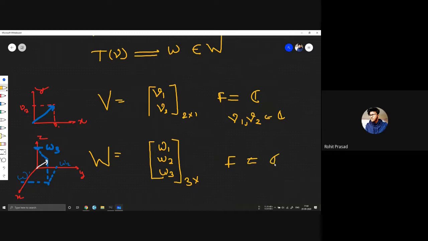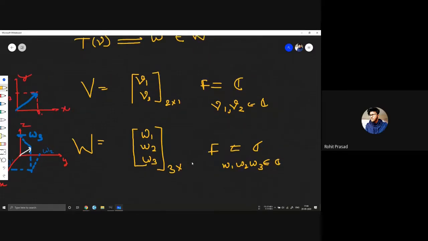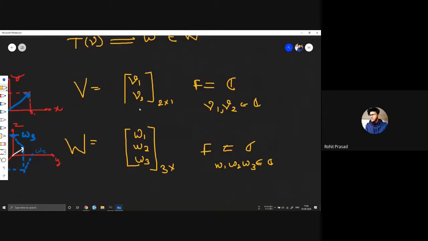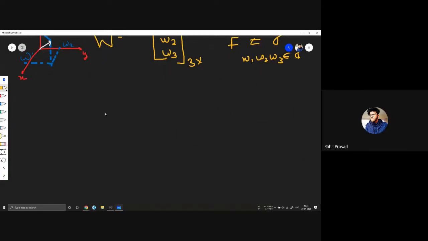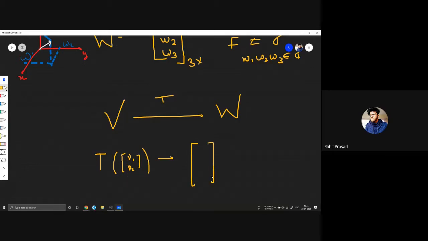F is your complex number field, and omega 1, omega 2, and omega 3 belong to that complex number field. So I want to make a transformation from this space to this space. One thing I can do is take this vector space V1 and V2 and make it a three-dimensional vector space, something like V1, V2, and V1 plus V2.